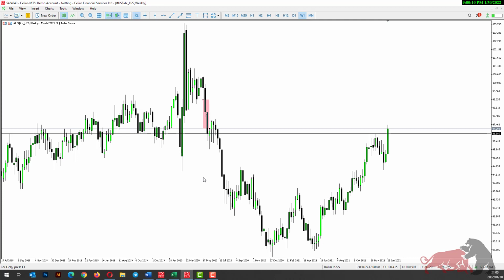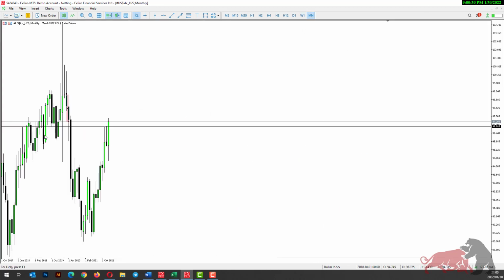So expect a very strong dollar all the way up until probably August, September. But that does not mean that it's not gonna trade to the downside, guys. Overall, dollar is set up for a bullish run for the year all the way to 100.